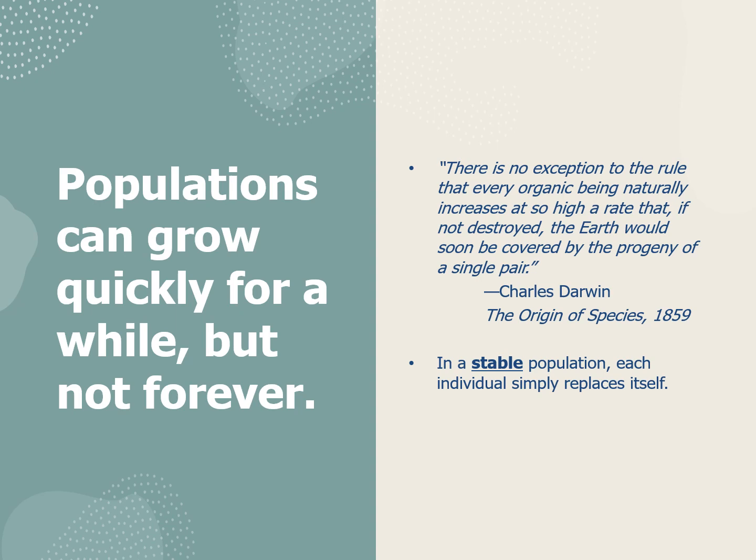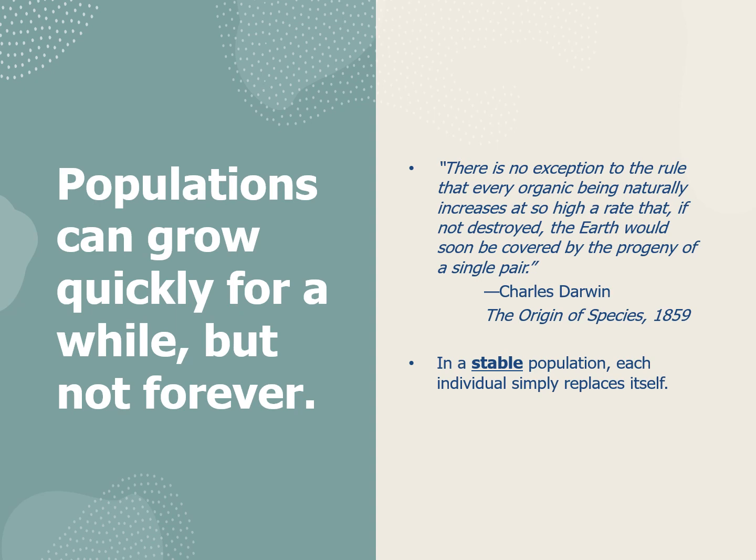So let's start looking at population growth and the fact that populations can grow very quickly, especially for a time, but more often than not, populations cannot maintain this heavy growth forever.